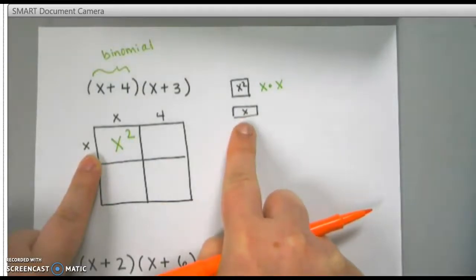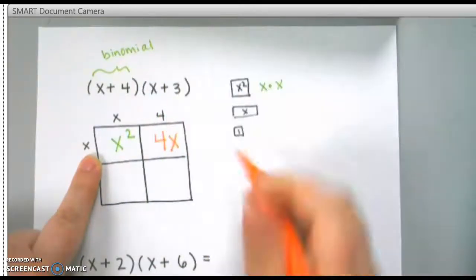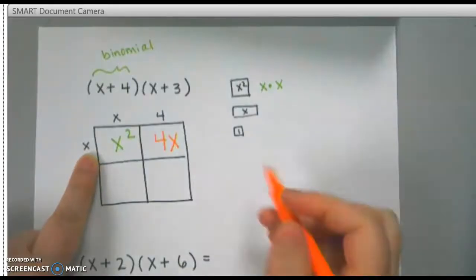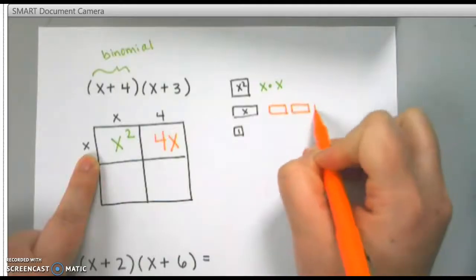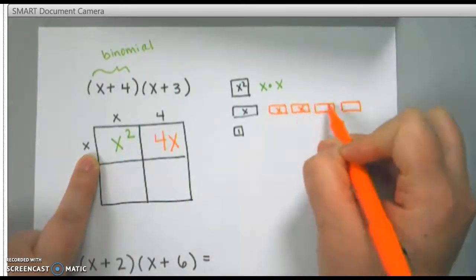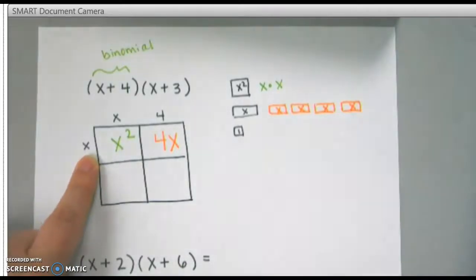So 4 times x is 4x. Basically, that means you have 4 of these put together. So that's what 4 times x would mean. You have 4 of those x terms. So together you have 4x.